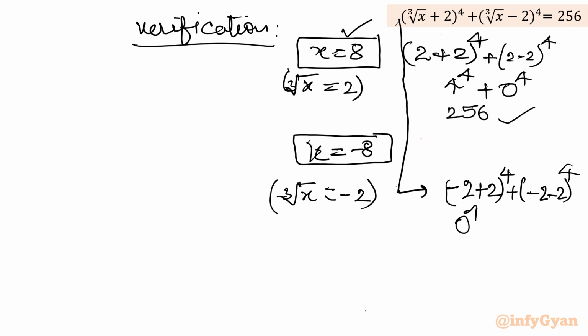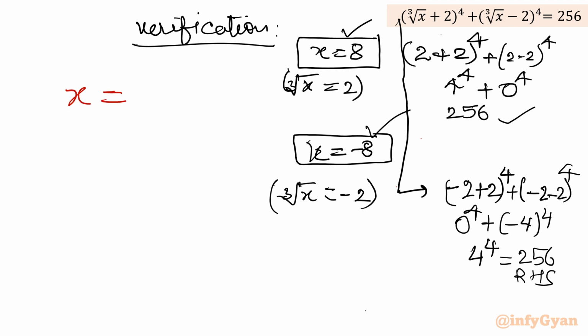Now this will be 0 power 4 plus (minus 4) power 4. Power is even, so minus you can remove. 4 power 4, which is equal to 256, which is our RHS. Hence this is also verified. So let me write our final solution: x is equal to plus and minus 8.